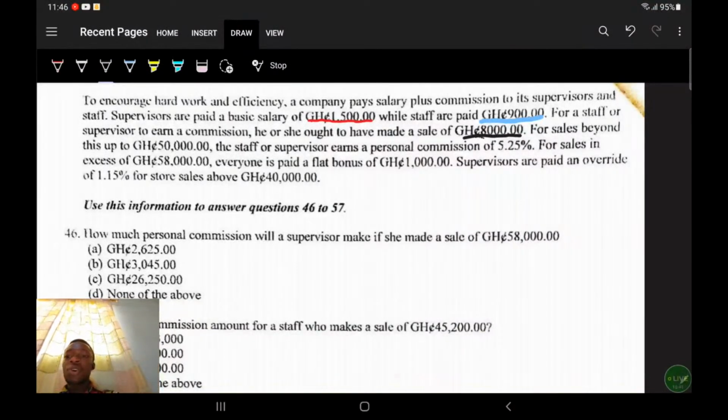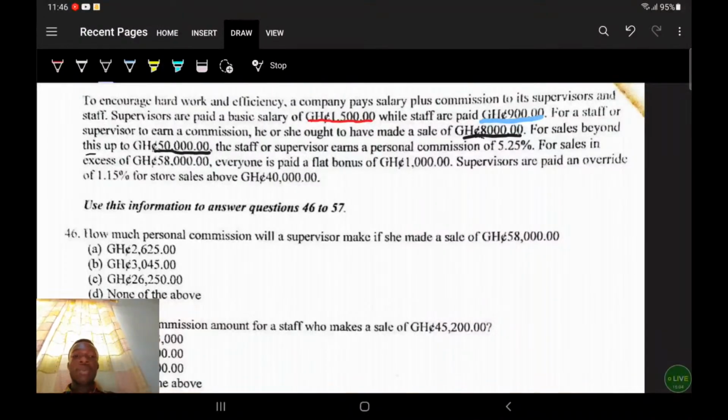For sales beyond this 8,000 up to 50,000, it means that for any staff or supervisor to earn a commission, his sales should be in the range of 8,000 to 50,000.